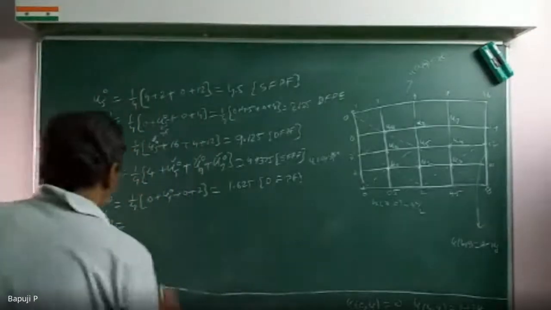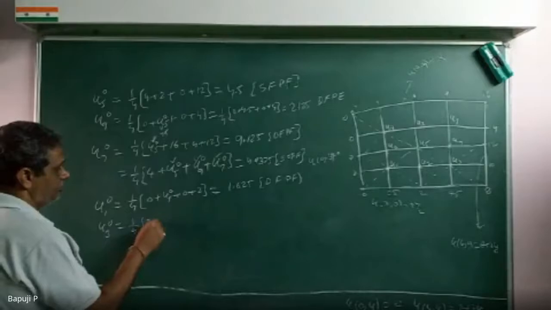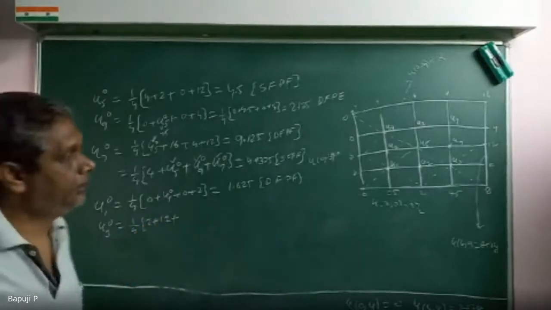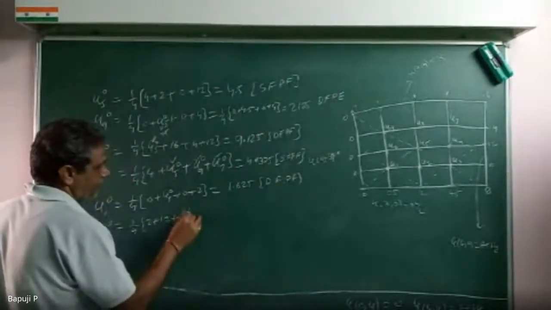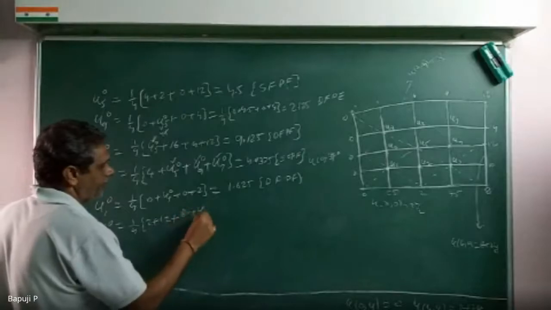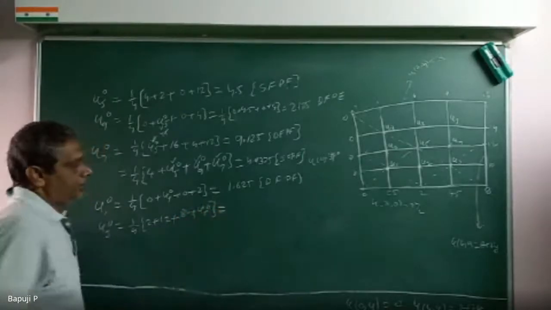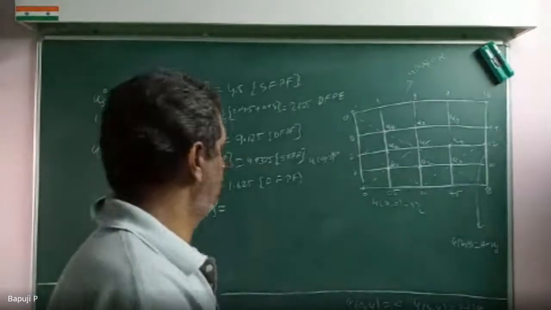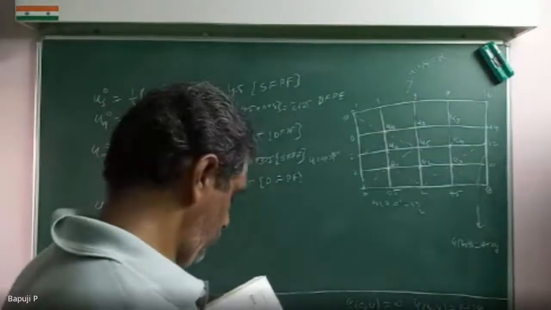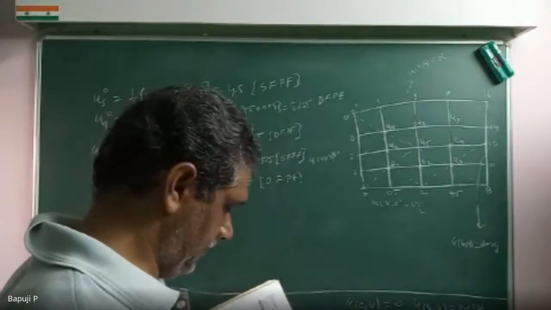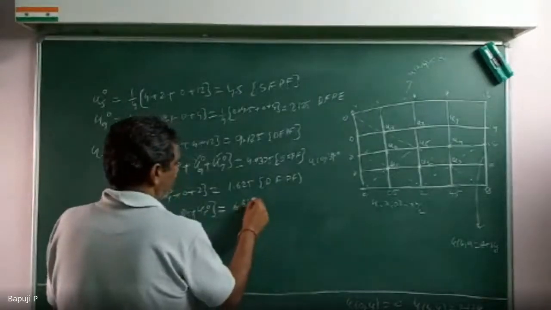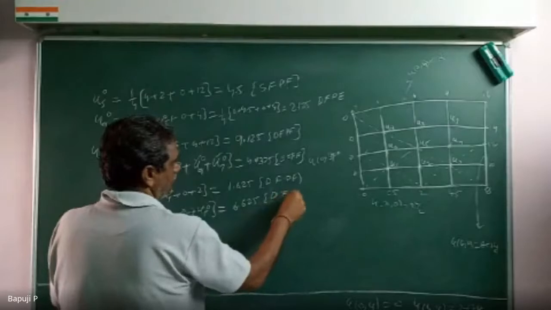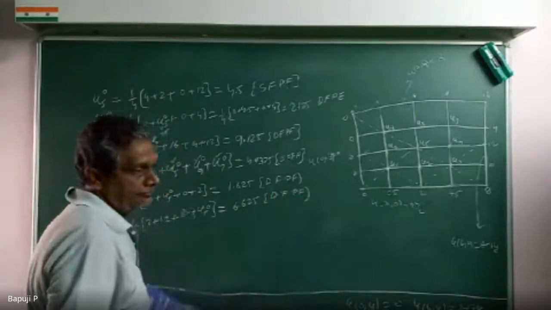Correct, sir. Okay, good. U3 of 0, tell me, 2 plus 1 by 4, don't forget it, 2 plus 12, 8 plus, now substituted. If we substitute, what will we get? U3 of 0 is 6.625. Diagonal 5-point formula.